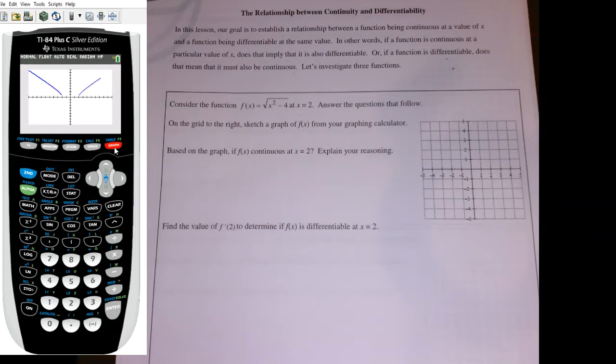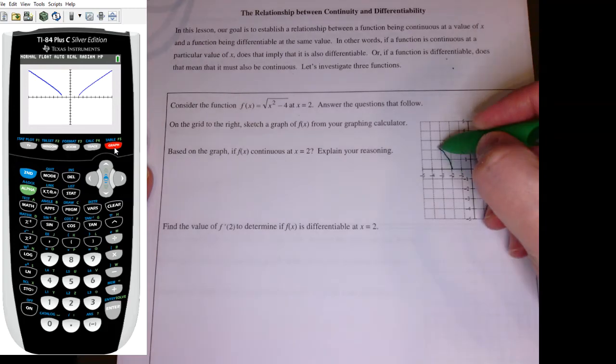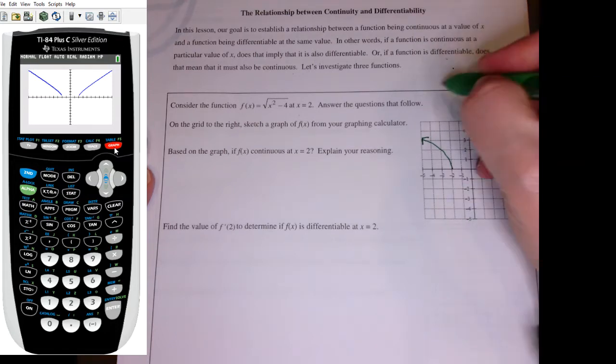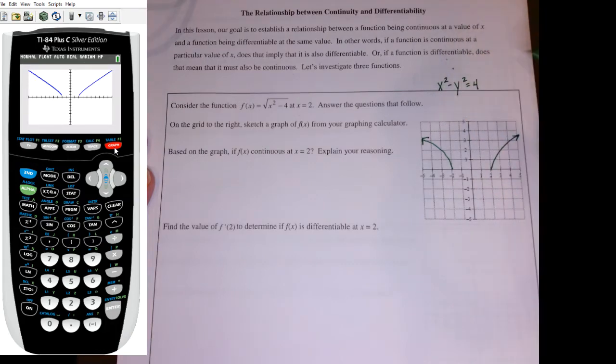And I'm going to come over here to the side, and I'm just going to draw a sketch of this graph. Something like that. Now just know that this is a portion of the graph from a hyperbola. You may remember that from your Algebra 2 days.